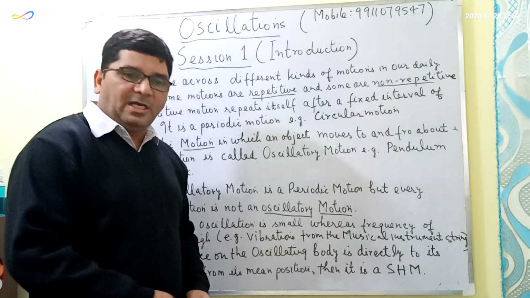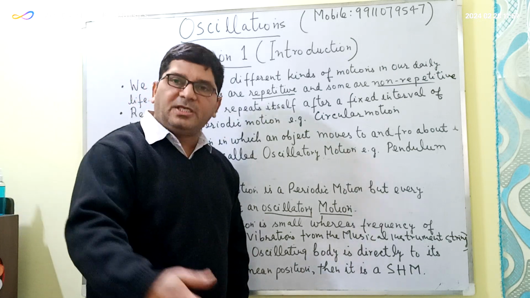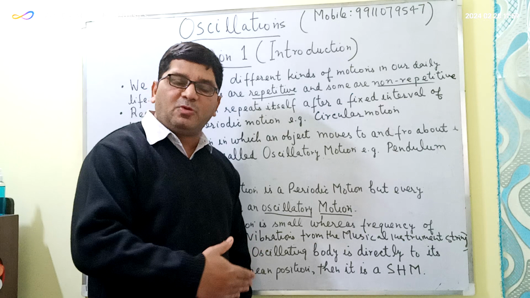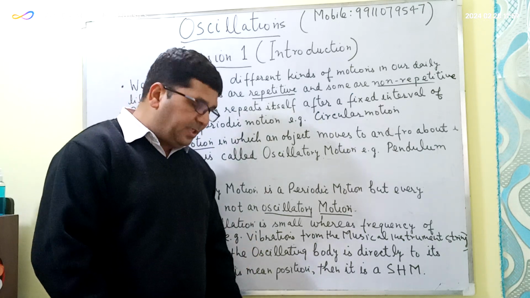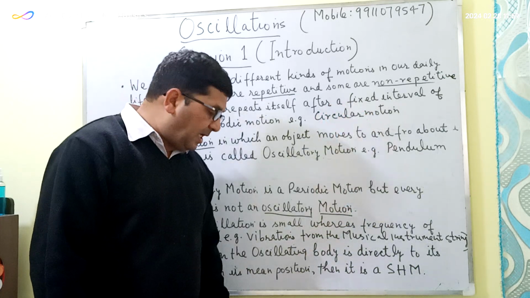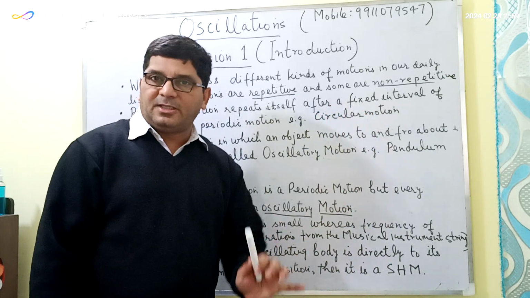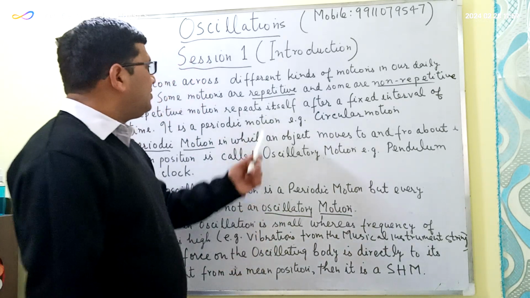Now in the case of a car which is moving on a highway, let's say, if the car is moving in a straight path, then we can term it as a linear motion. But in this case also the motion is not repeating because the car is moving from one place to another. So these are the two examples of non-repetitive motions.